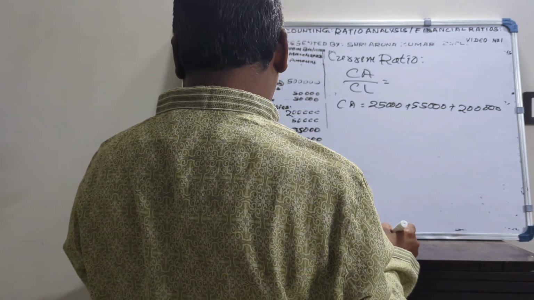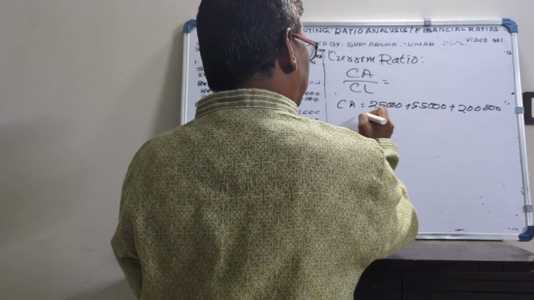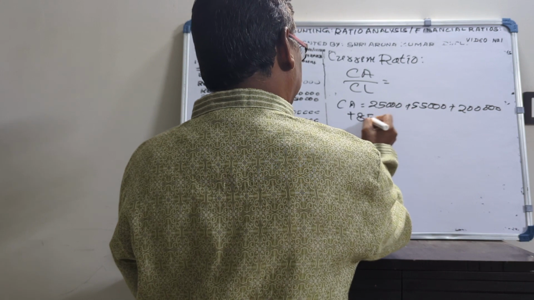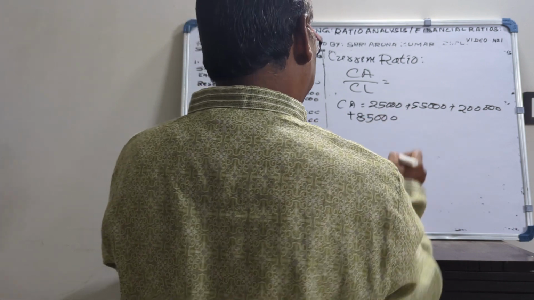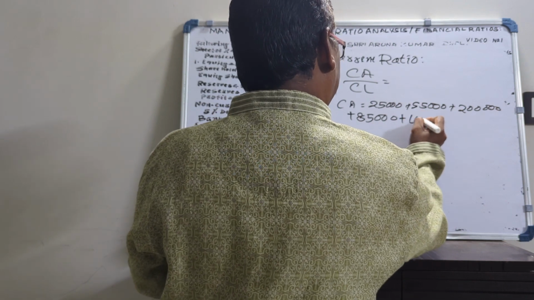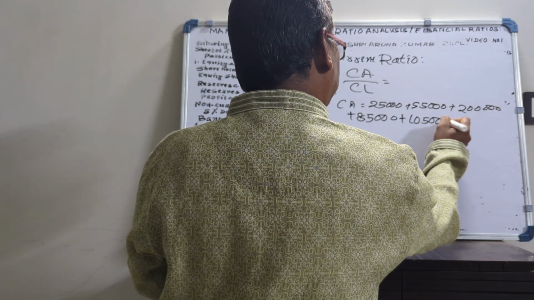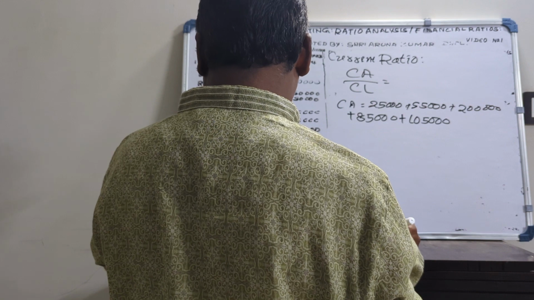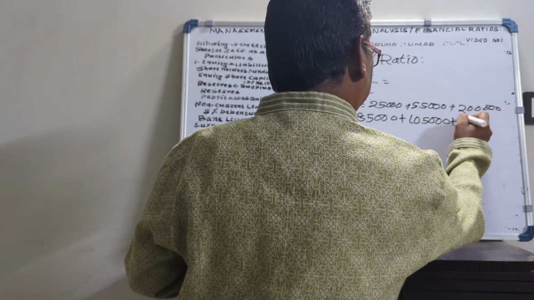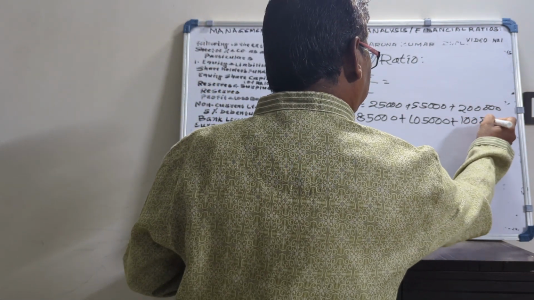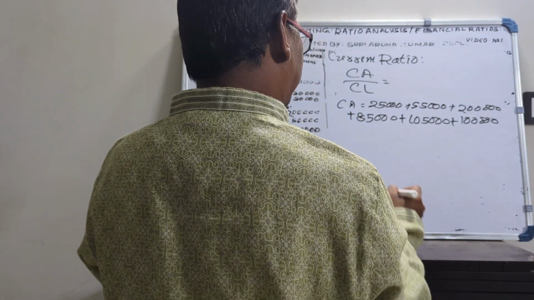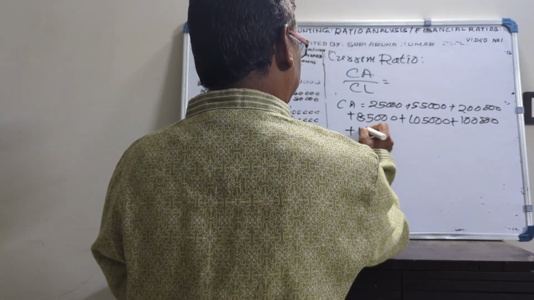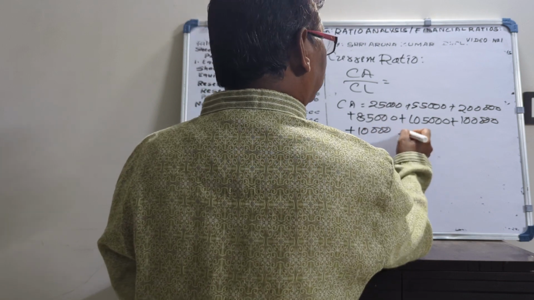Then under trade receivable, sundry debtors 85,000. Then bills receivable 1,05,000. Then inventory is 1 lakh plus prepaid expenses 10,000.